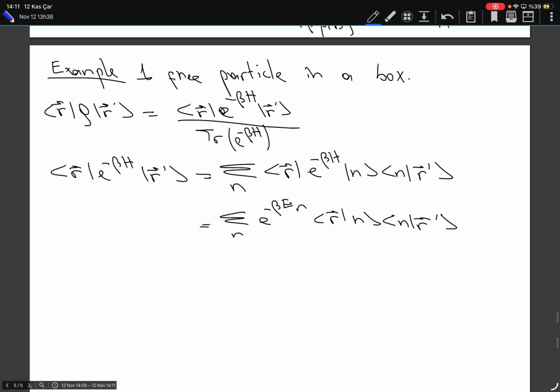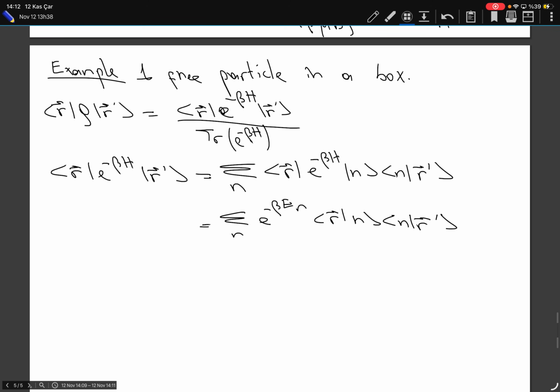So if you take a small enough temperature, all the excited states will not contribute to that sum. You will only have the ground state contribution. There will be a single exponent, and the coefficient of that exponent will be just your wave function. So in fact, this is one way of calculating wave functions or energy eigenstates of complicated systems. You just look at the matrix element of e to the power minus beta H.